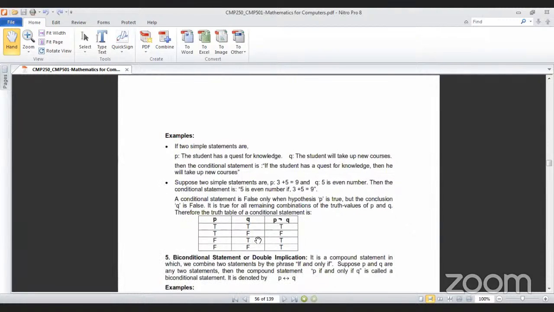See, in this condition, you're going to get F when your starting statement is true and your ending statement Q is F. Only at that moment you're going to get F. Otherwise, it is always T. And the symbol for that is P implies Q.